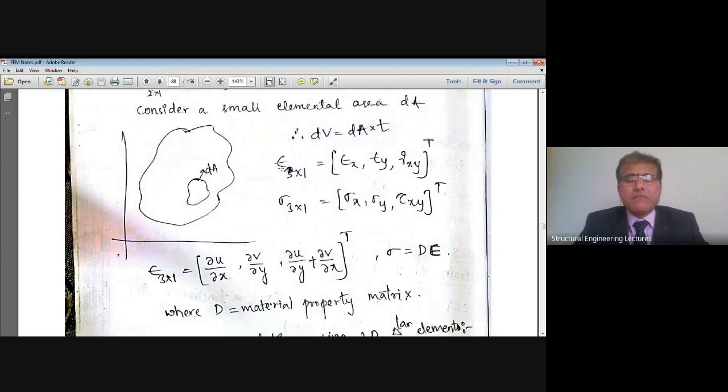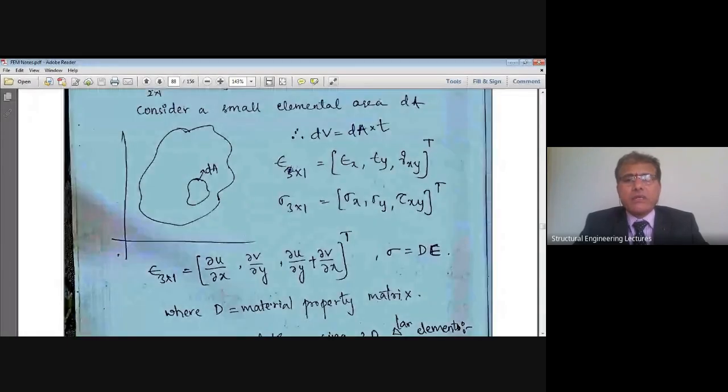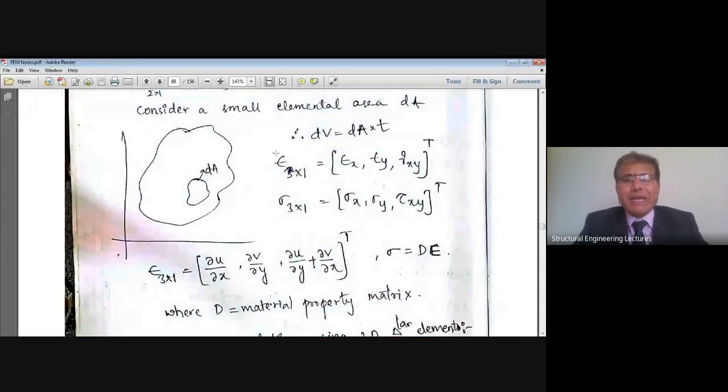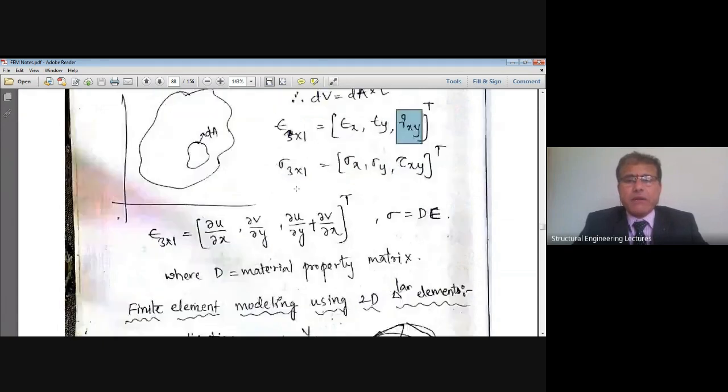And because of the displacements u and v at a point P within that element, we have the strain matrix given by epsilon is equal to a 3 by 1 vector, which is epsilon x, epsilon y, the direct strains along the two coordinate directions, and the shearing strain gamma xy, transpose, which is a 3 by 1 vector.